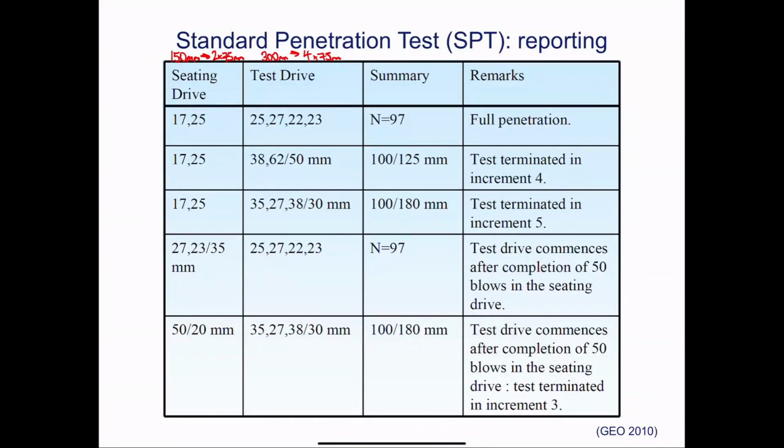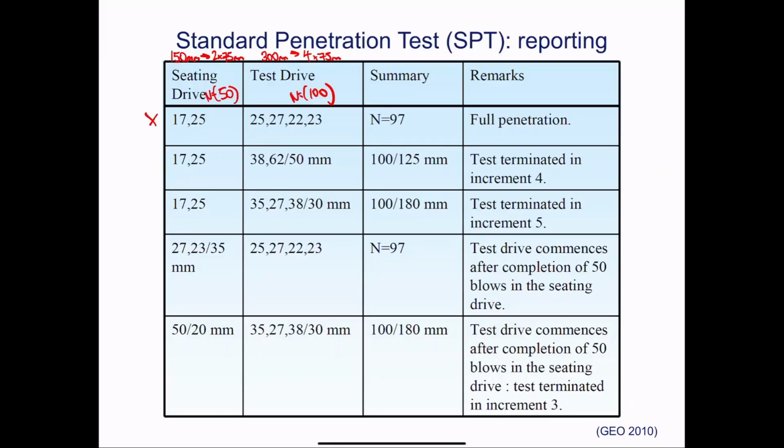So let's take a look at what's happening. Let's take a look at the first example here at the top, row number 1. So I'm guessing the termination criteria here is, for the seat drive, the termination criteria is 50. And for the test drive, the termination criteria is 100. And this is the blow count, so we don't exceed this. Now, first row, what's happening?